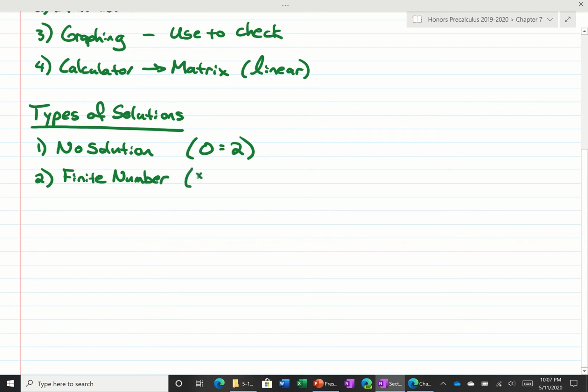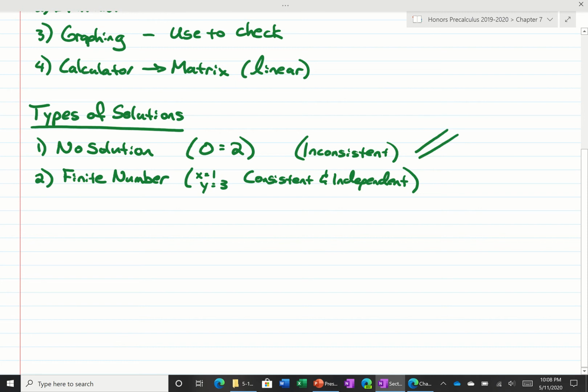That's where you get like x is equal to 1, y is equal to 3, or something similar to that. Sometimes this is called a consistent and independent system. The first one is called an inconsistent system. And you could have no solution if you have parallel lines.